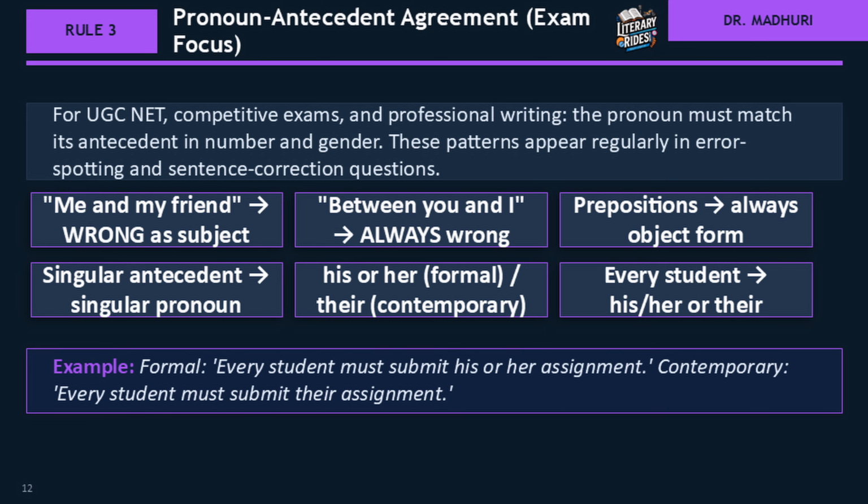Pronoun-antecedent agreement: a pronoun must match its antecedent in number and gender. Incorrect one is, every student must submit their assignment by Monday. In formal written English, every student must submit his or her assignment by Monday. Though in contemporary usage, singular they is increasingly accepted even in academic writing.